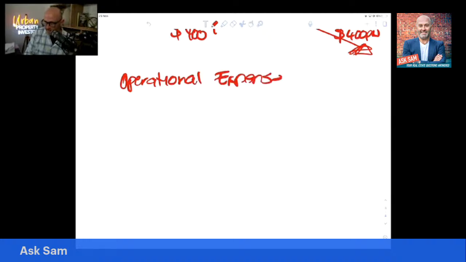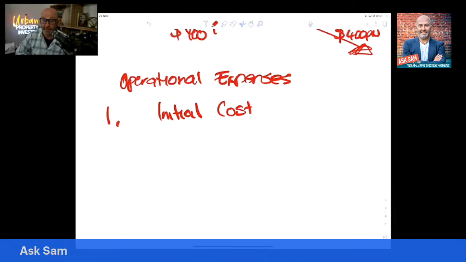When I look at operational expenses, I break it down into a few categories. The first one is the initial cost, which is the outlay to get involved with the property.